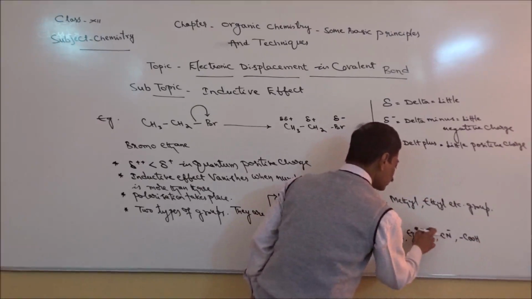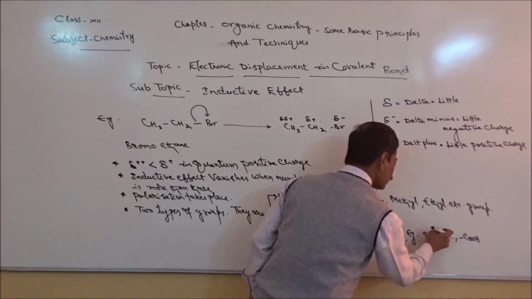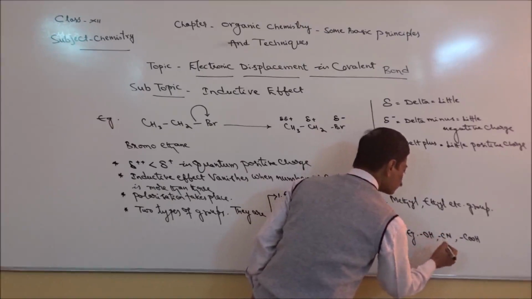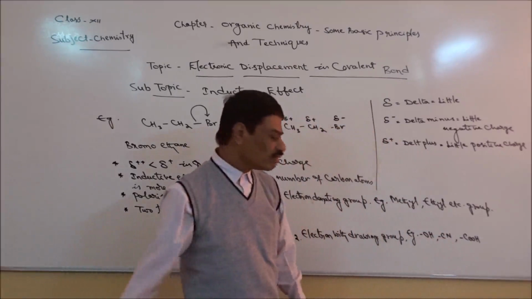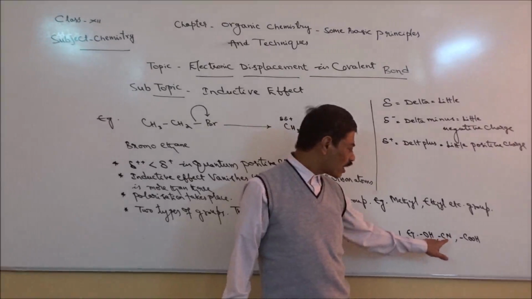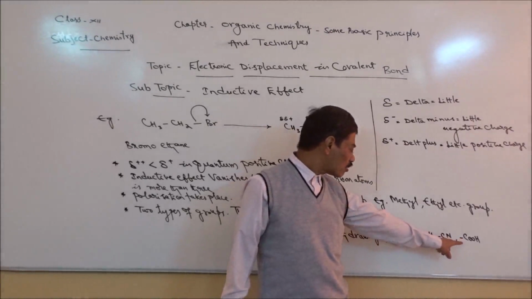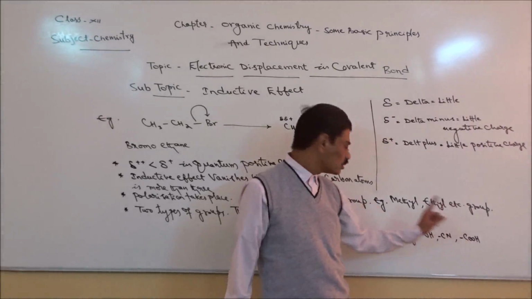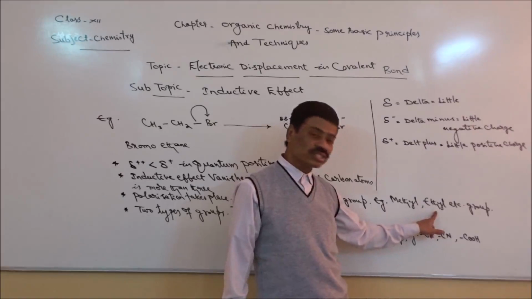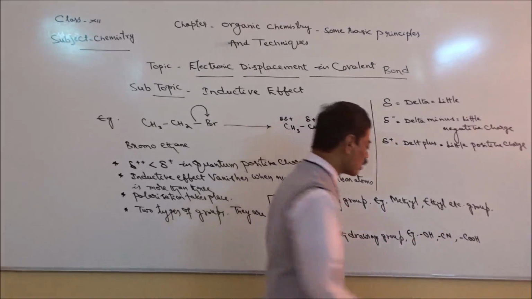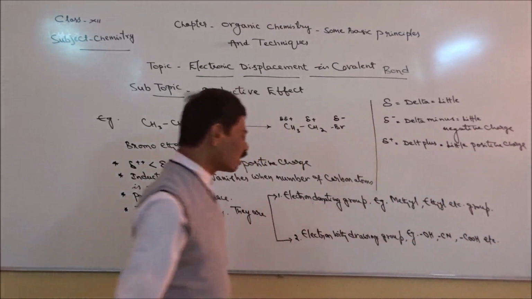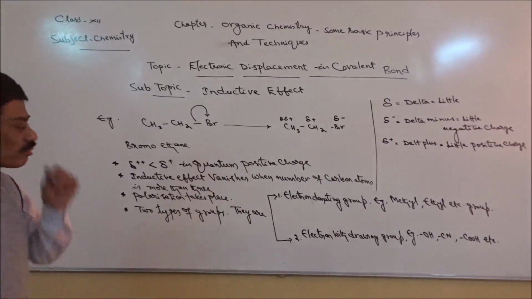Otherwise, we can write single bond OH, single bond Cl, single bond COOH instead of the minus sign. This is hydroxyl group, chloro group, carboxylic acid group. Methyl group means CH3 group. Ethyl group, C2H5 group, etc. In this way, we can write as many groups as possible.